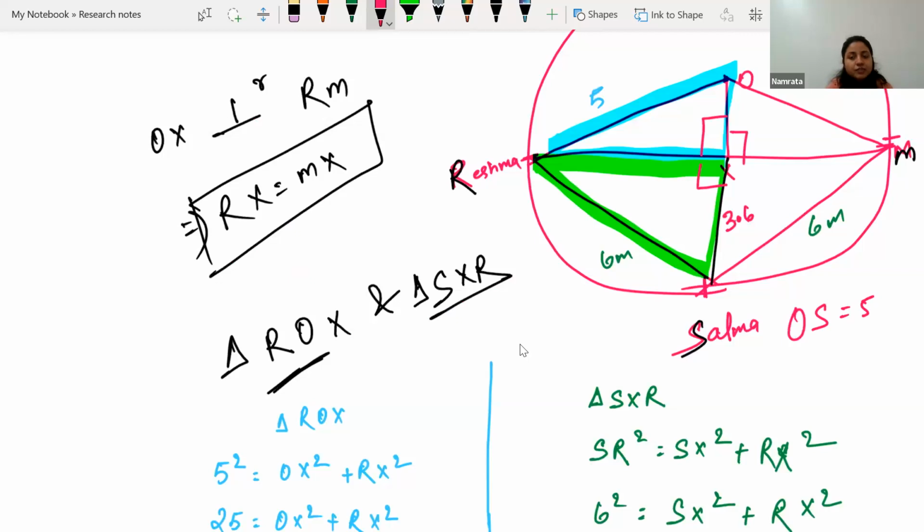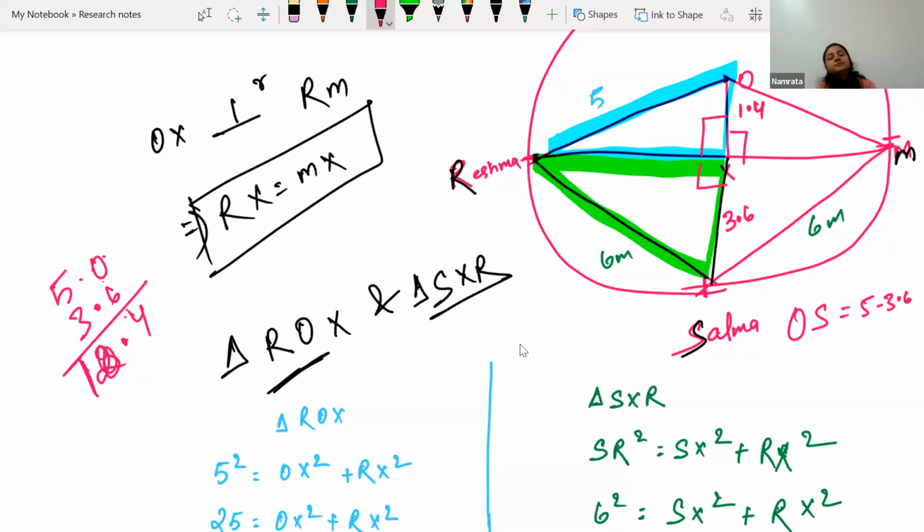So from 5, if we subtract 3.6, we will get 1.4. So this will be 1.4.